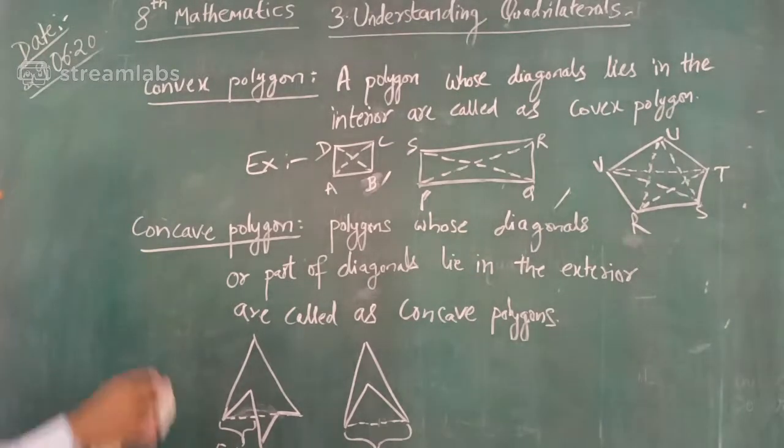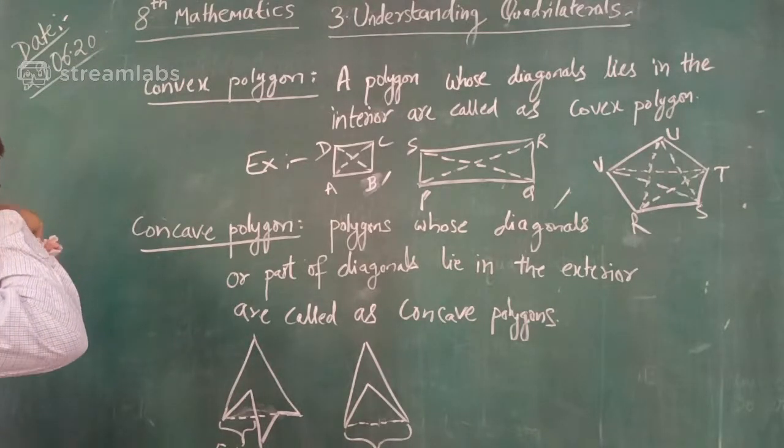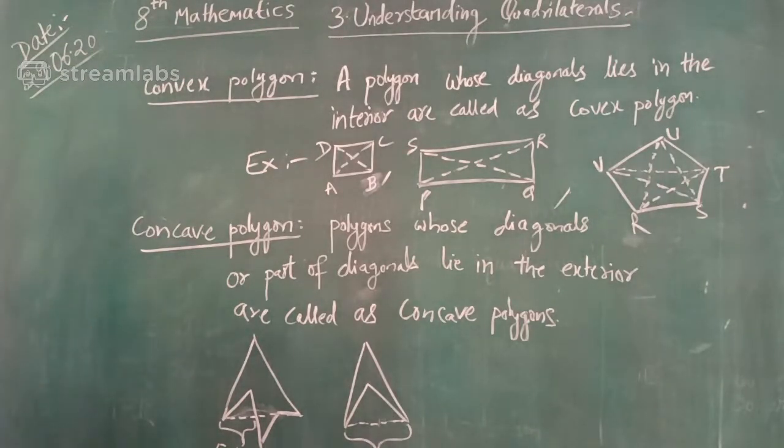Now on the basis of angles and sides we will decide whether the polygons are regular or irregular.